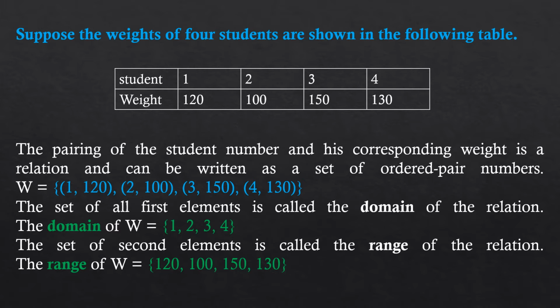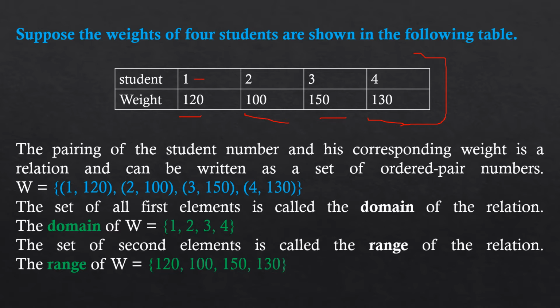So suppose the weights of 4 students are shown in the following table. Here it is our table. One of them has a weight of 120, the second one 100, the third one 150, and the fourth one 130.